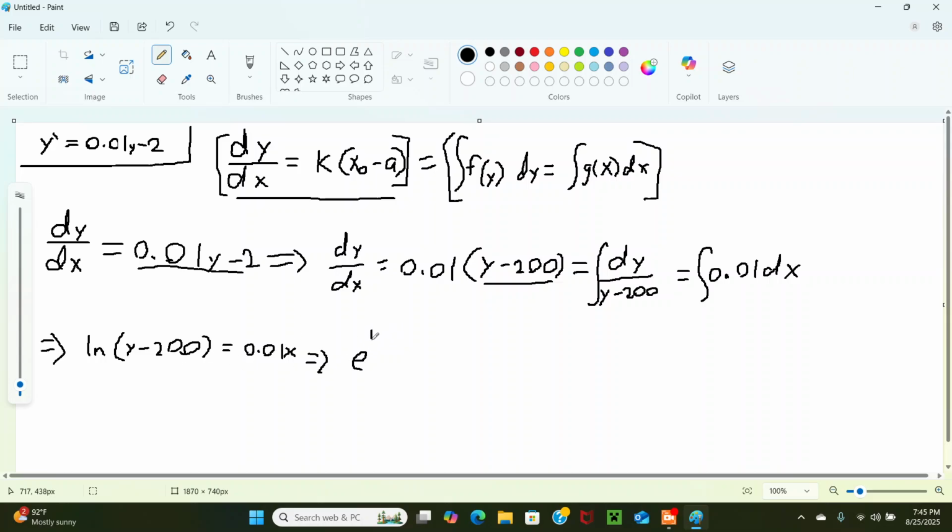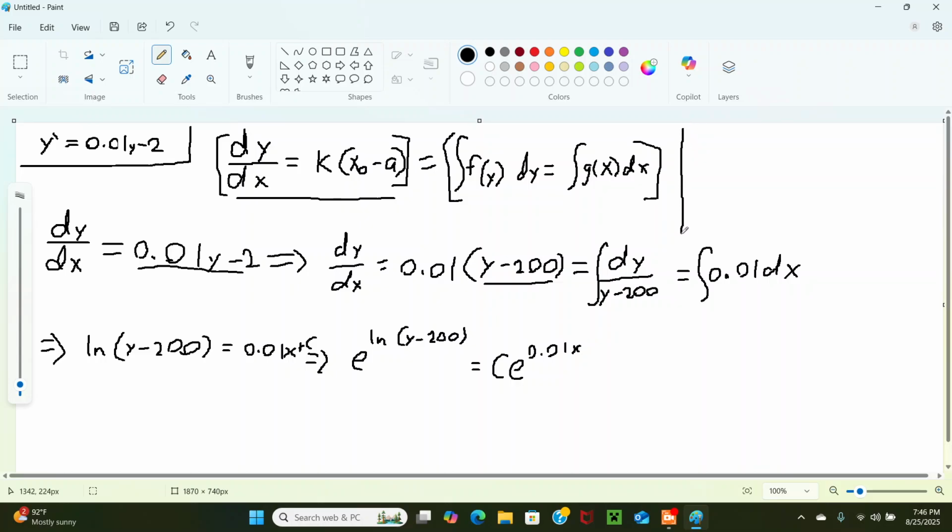So e raised to the natural log of y minus 200 is equal to, I forgot the plus c right here. I have a bad habit of forgetting my plus c's. Remember the plus c right here. e raised to the natural log of y minus 200 is equal to, the c comes to the front, c e raised to the 0.01x.